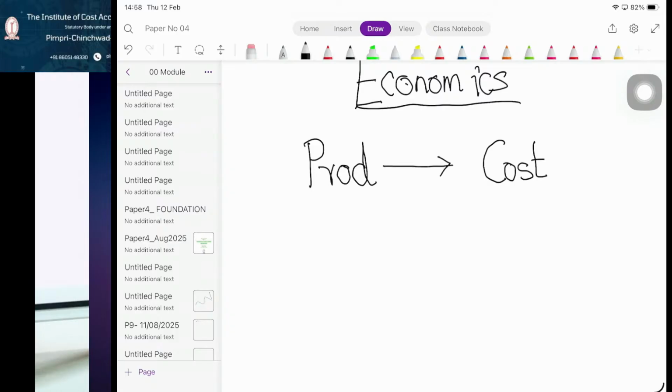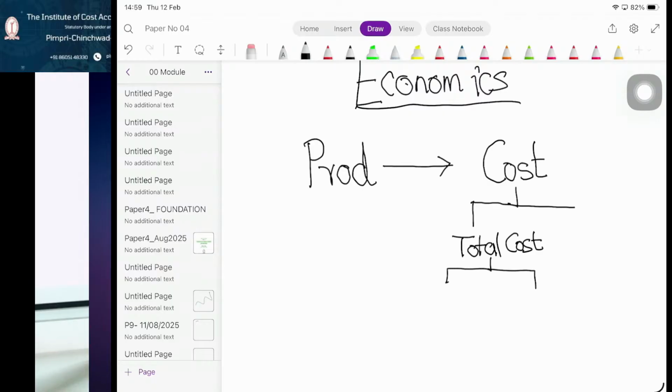In yesterday's lecture, we have defined two levels of costs. One is total cost, and we have seen that this total cost can be expressed as a sum of, I hope you all remember this, TFC and TVC. Similarly, we saw another cost concept which is per unit cost.